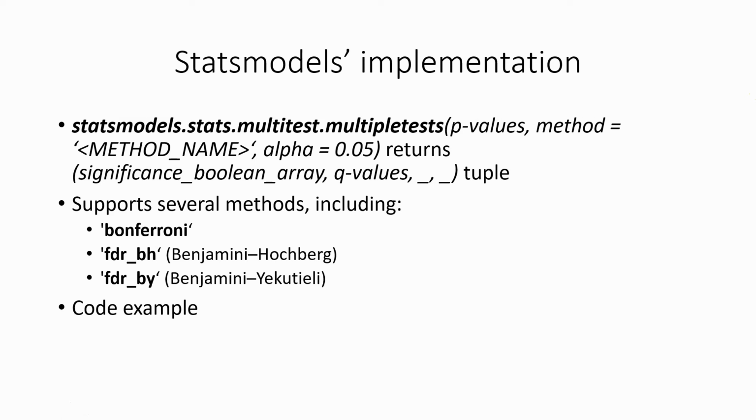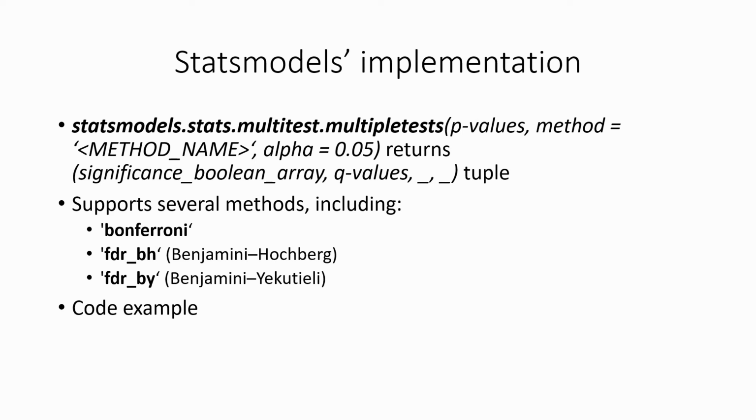And we then get in return a tuple with 4 different things. Now the last 2 are not important, so I marked them with underscore. But what's important is the first and second return value that we get. So the first one will be a NumPy array with significance, so just trues and falses, Boolean values of whether each p-value is significant or not. And the second one will be the q-values that are the adjustment of those p-values.